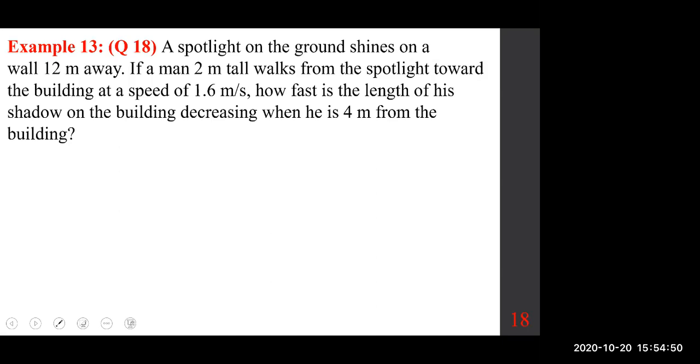Okay. So there is a spotlight. And there is a wall, and this distance is 12 meters, class. So we have a spotlight, we have the wall, and their distance is 12 meters. Okay. So if a man 2 meters tall walks from the spotlight, so from the spotlight, the man is going to go this way.